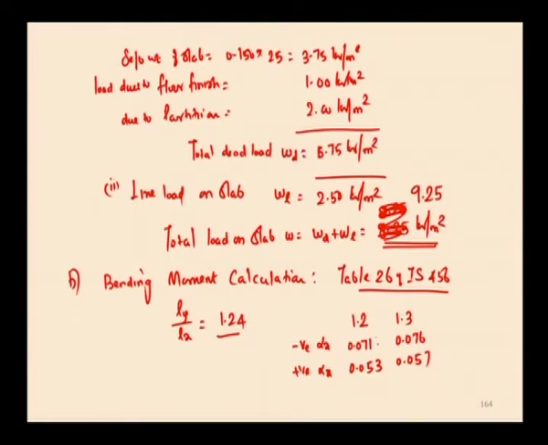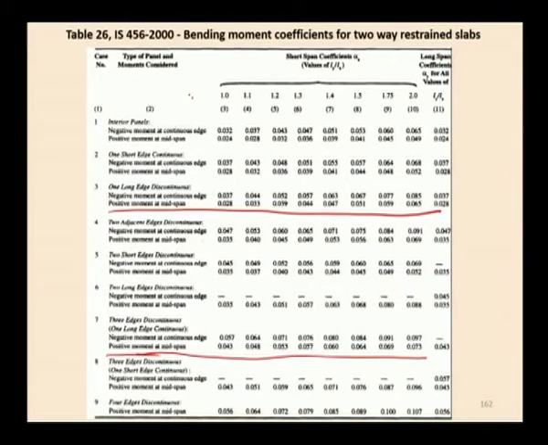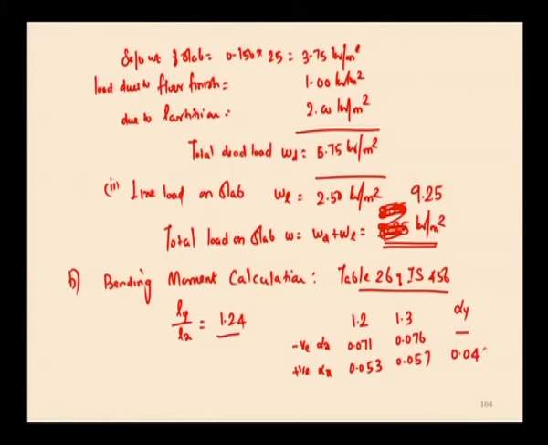So this is for alpha x, and for alpha y there is no negative moment coefficient, and there is a positive moment coefficient of 0.043. So, we need to select the alpha x for the value of 1.24 by interpolating the values.